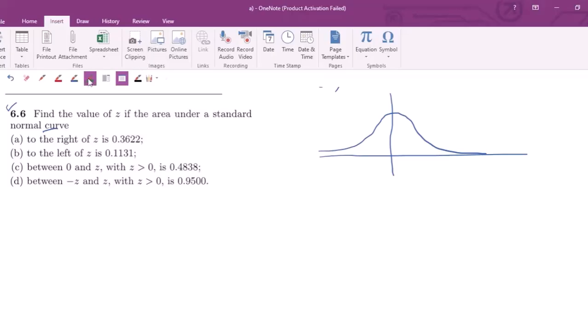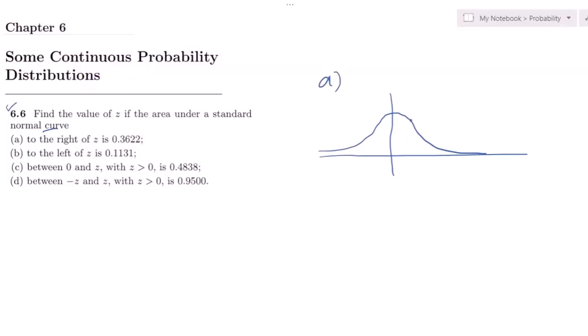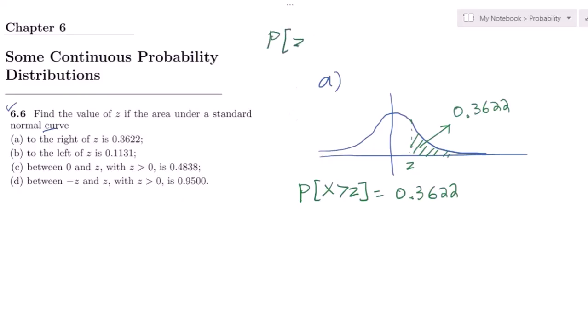Let me mark here this z, and to the right of it, this is 0.3622. That means the probability that x is greater than z is 0.3622, while the table we have is made for the probability that x is less than or equal to z.